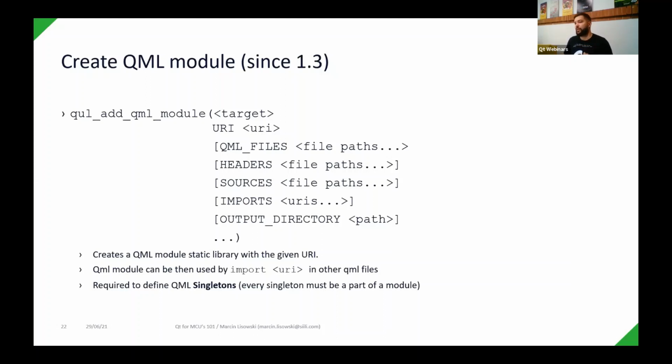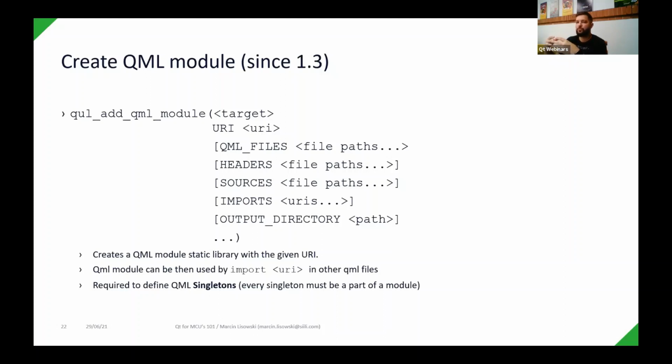You can also provide the imports that your module requires, and output directory to redirect the compilation artifacts. It's also an important macro, as it's a required thing to define the singletons.